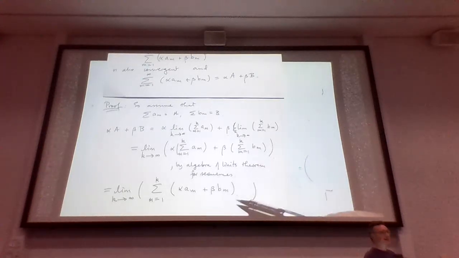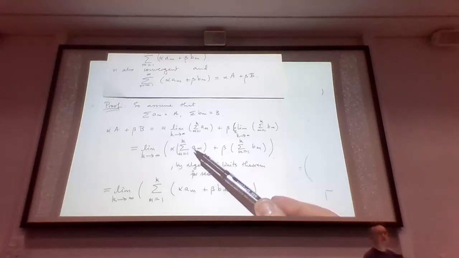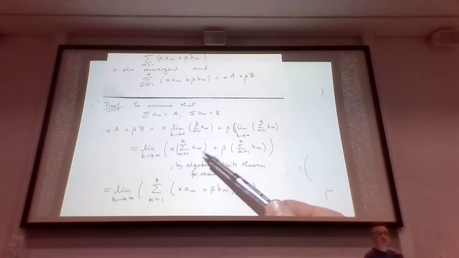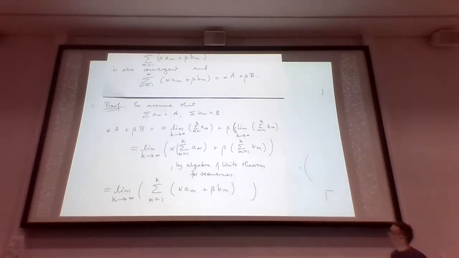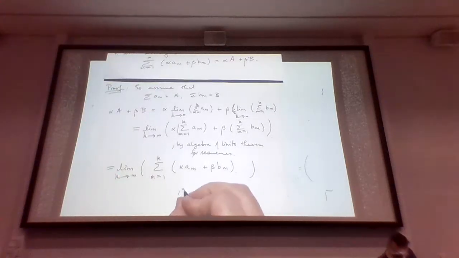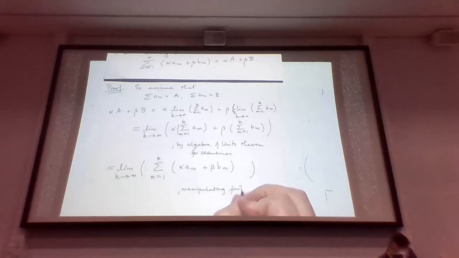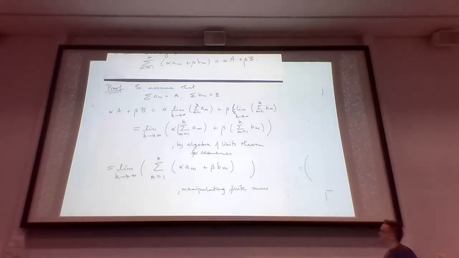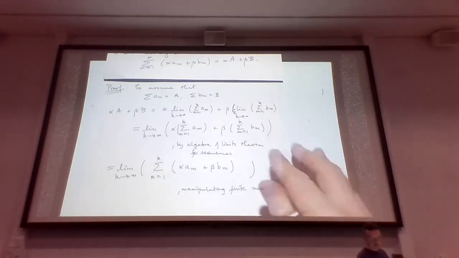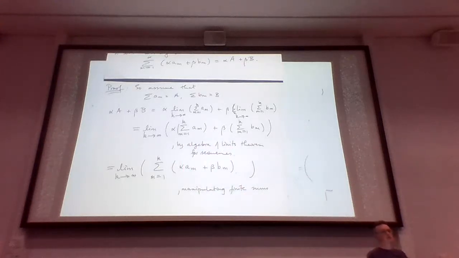It's just basic algebra. This is a finite sum, which might be very long if k is large, but it's still just a finite sum. So this is simply manipulating finite sums, nothing beyond high school or GCSE level mathematics: expanding brackets, using the commutativity of addition, reordering sums, and so on. Nothing too fancy, but it does get us very close to the desired conclusion.